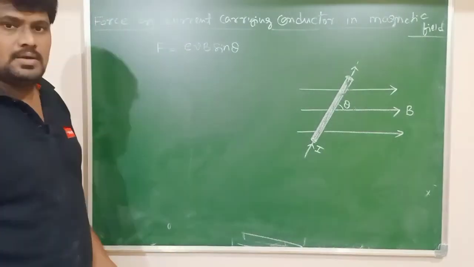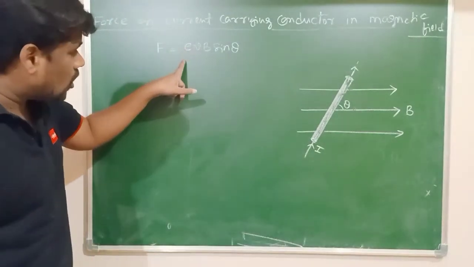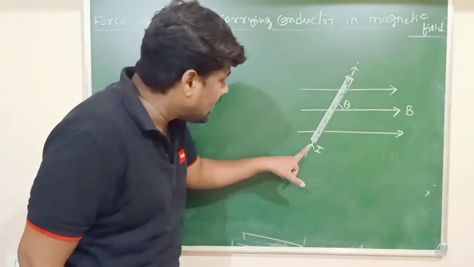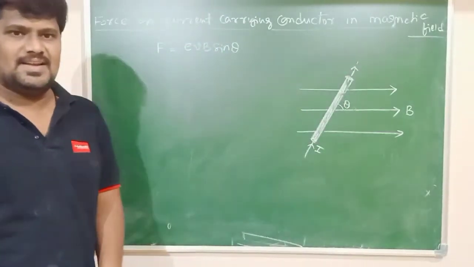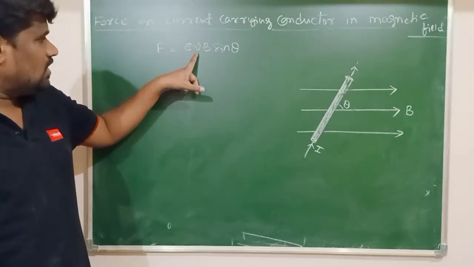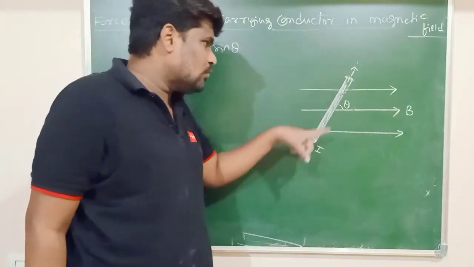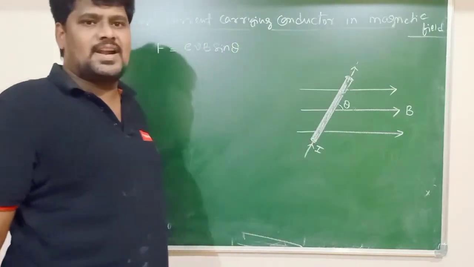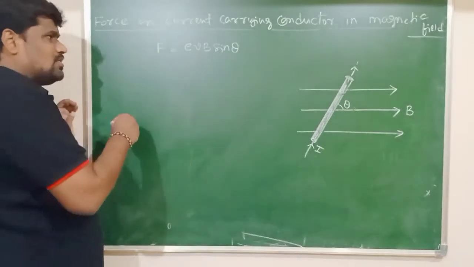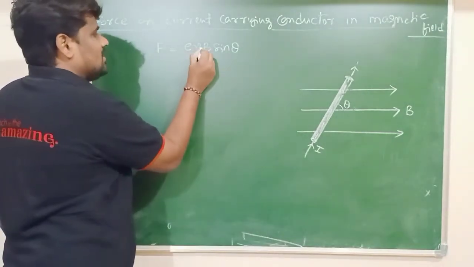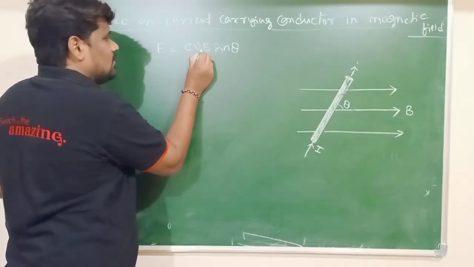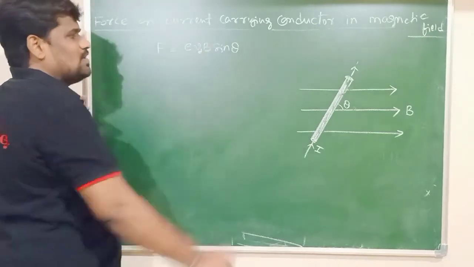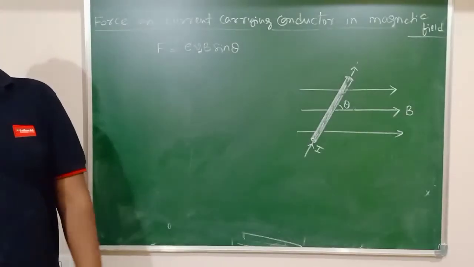What is v? v is the velocity with which a free electron is moving in a conductor. From the knowledge of current electricity, that velocity we call Vd. What is Vd here? Drift velocity.